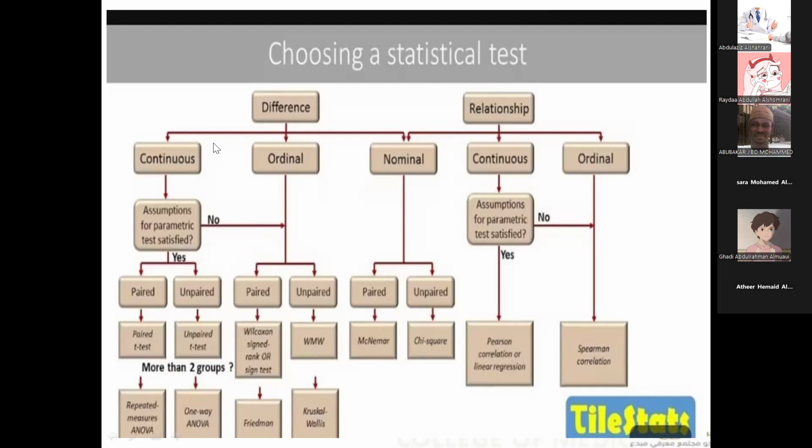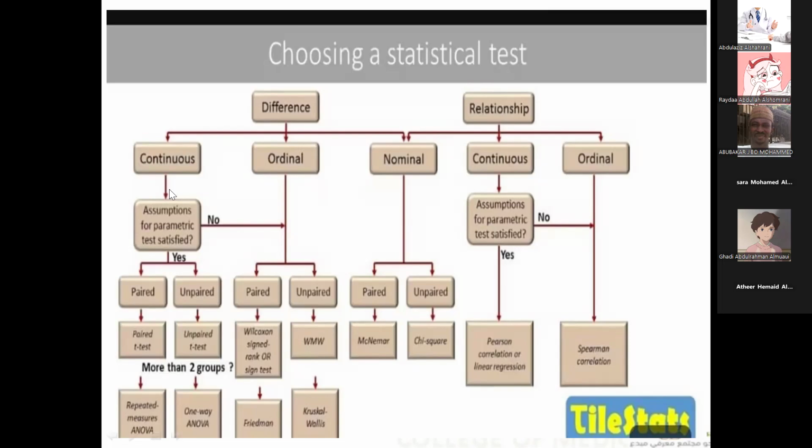Now, the second thing that comes to you when choosing a statistical analysis or test to use is what I mentioned in the last slide, the type of data. Is it nominal data? Is it ordinal data? Or is it continuous? The continuous data is divided into interval and ratio scale.